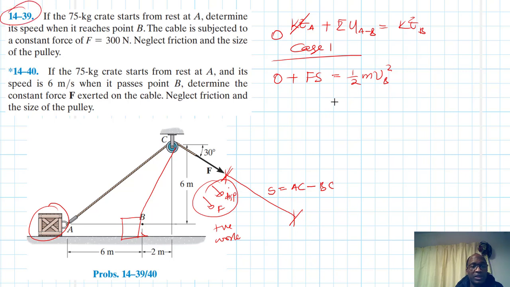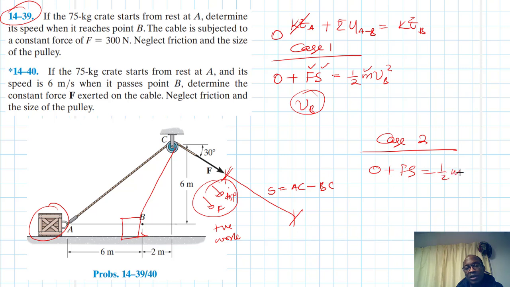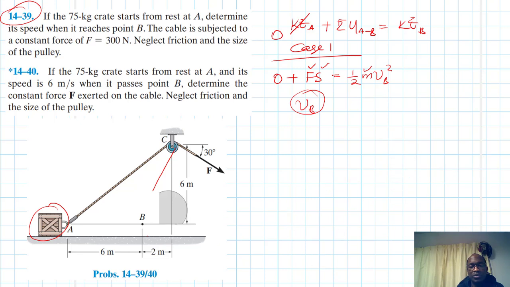In this first case, we have F, we have s, and m is there, so we are going to find v_B. In case 2, the same equation holds, Fs equal to half m v_B squared, but we are finding F. We have these quantities, and we make F the subject of the formula. So basically this is what we are going to do. Let's start the process.